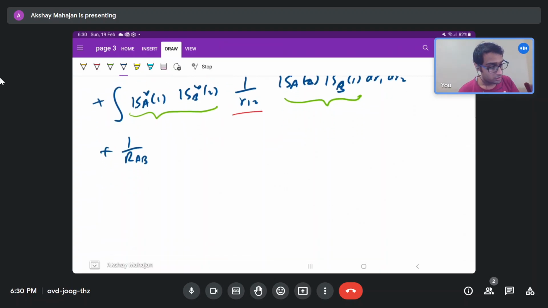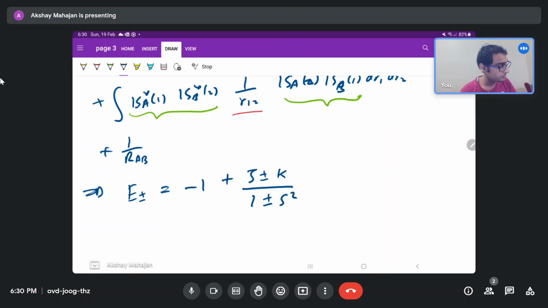Alright, solving this, we can get the E plus and E minus values that we got in the class itself. So I will just write it as E plus minus equals K upon 1 plus minus S square. And similarly, you can get the phi plus minus.